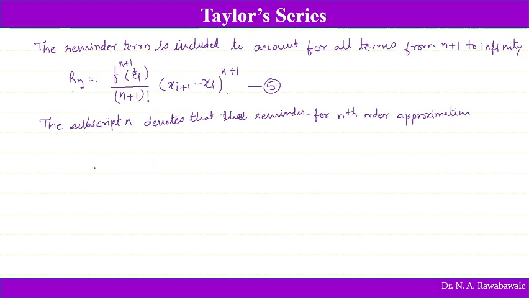Zeta is a value of x that lies between xi and xi plus 1.